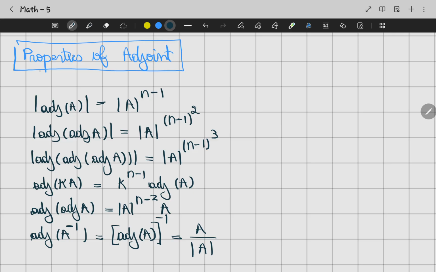Let's say you are tasked to find the adjoint of A, lowercase, equal to A to the power of n.